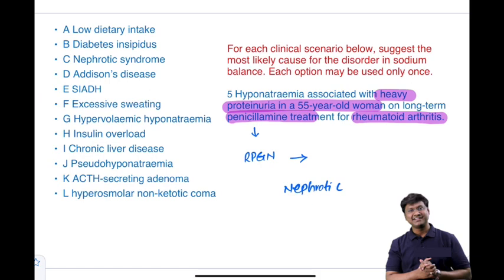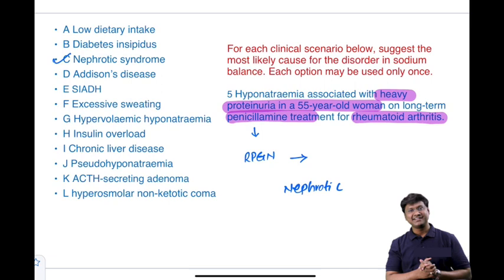Among the options which have been given to you, the individual having heavy proteinuria, you will come across that only in patients with nephrotic syndrome.